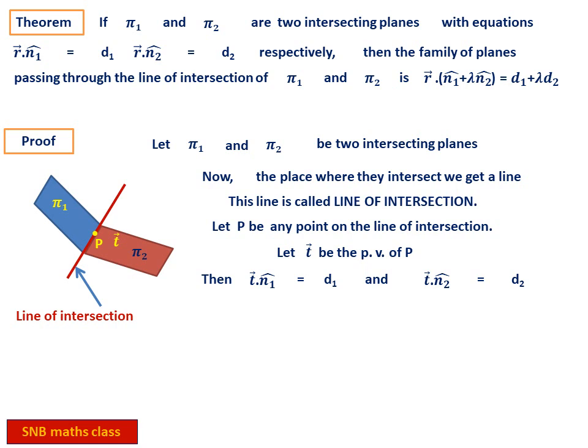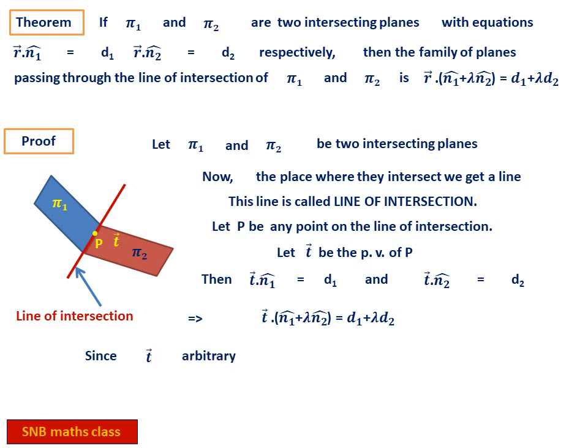Therefore we get T dot n1 equal to d1 and T dot n2 equal to d2. Now multiply the second equation by lambda and then add. So you get T dot (n1 plus lambda n2) equal to d1 plus lambda d2.